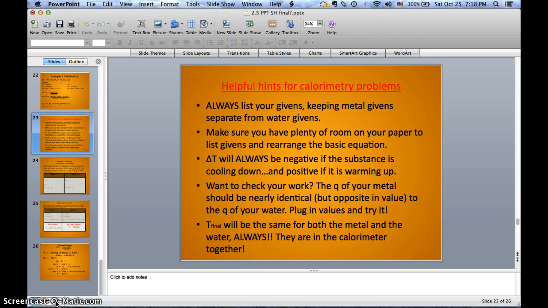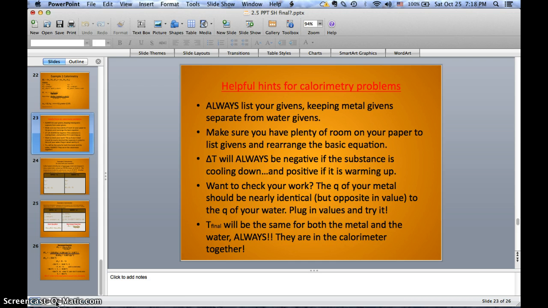Now your delta T is always going to be negative if your substance is cooling down, and you're going to have a positive delta T if the material is warming up. So keep that negative where the negative goes. Okay, it's pretty easy to check your work.